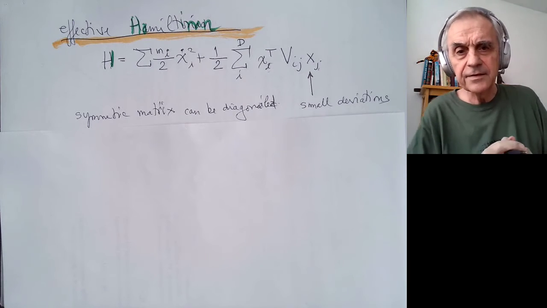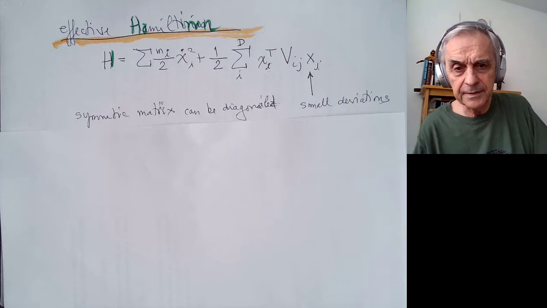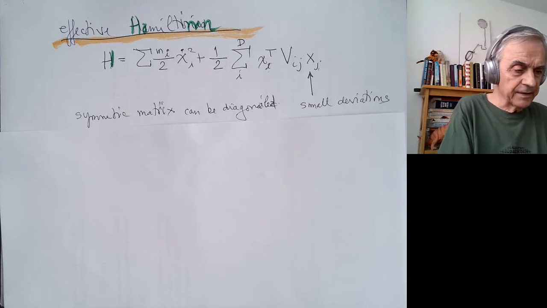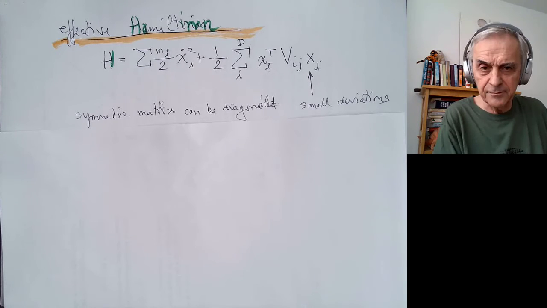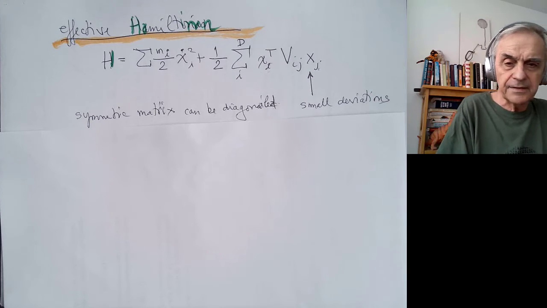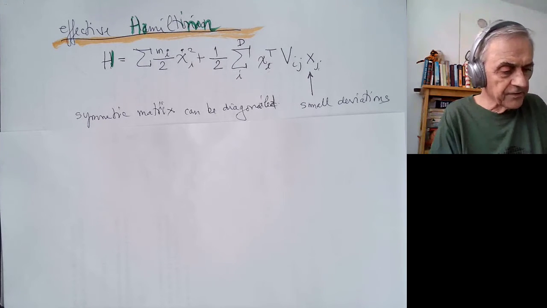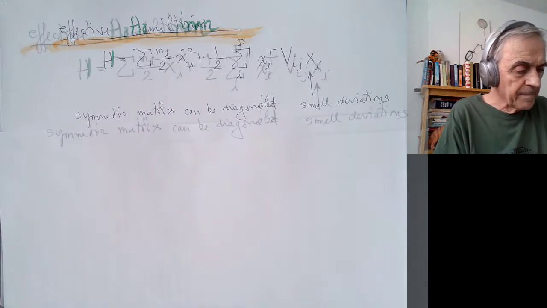So all classical systems which abound can always be described in this way. So there's an effective spring, because this now looks like a harmonic oscillator, but in many dimensions, which has some kind of symmetric tensor stuck in here. The 1/2 just came from the Taylor expansion, but basically because there are 2 terms here.